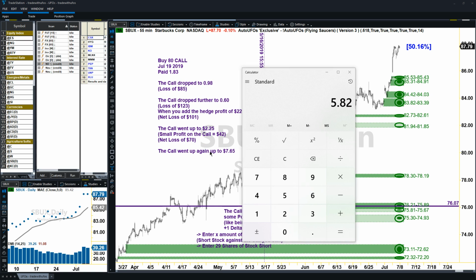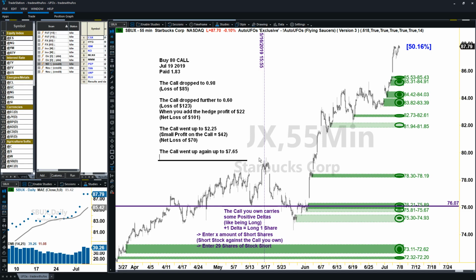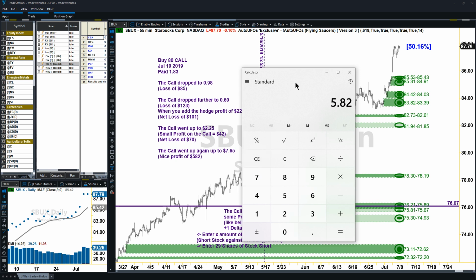So a nice profit of $582 on the call. Now with the shares, you got some pain, isn't it? Because the current price of the shares is 87.79, while you shorted at 76.07. So this is a move of $11.72 that you have been suffering at a rate of 29 shares, times 29, right? So that is $339 of loss.